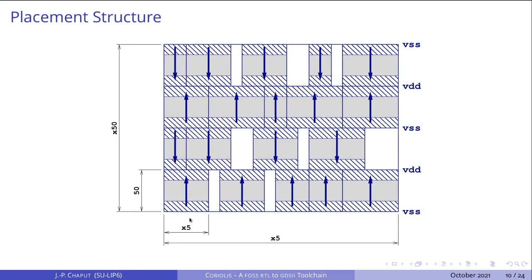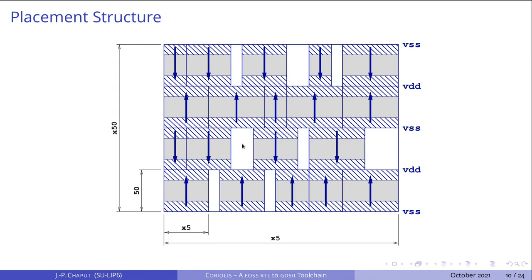You can also notice that the power lines are shared, which means that every one row over 2 must be flipped vertically. This is the sense of the arrow you see here, here in normal orientation and here in flipped orientation.